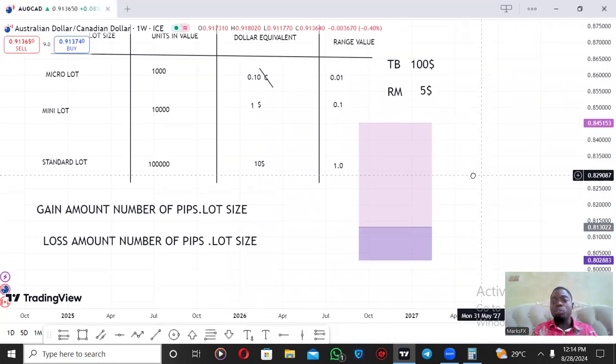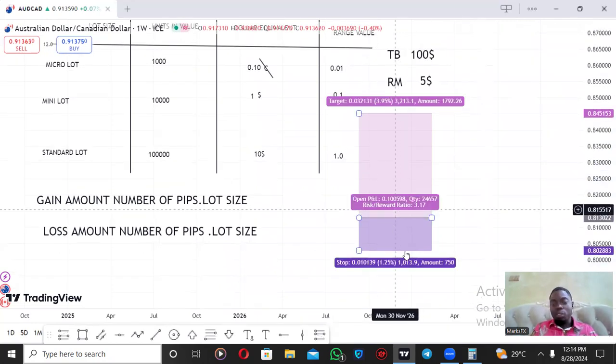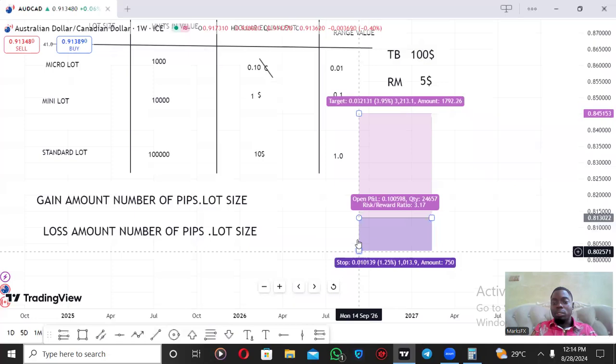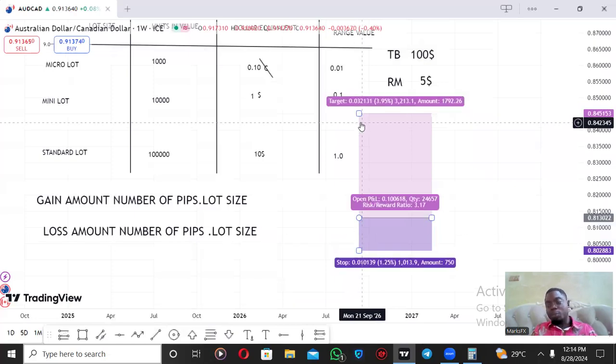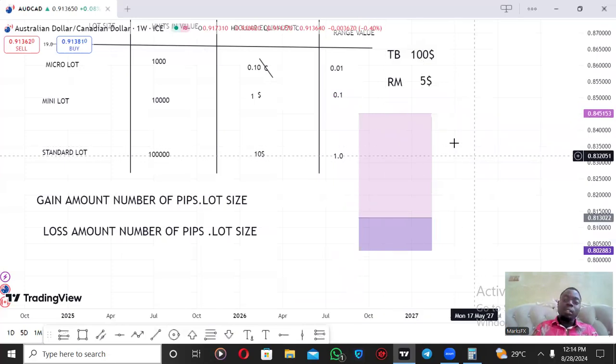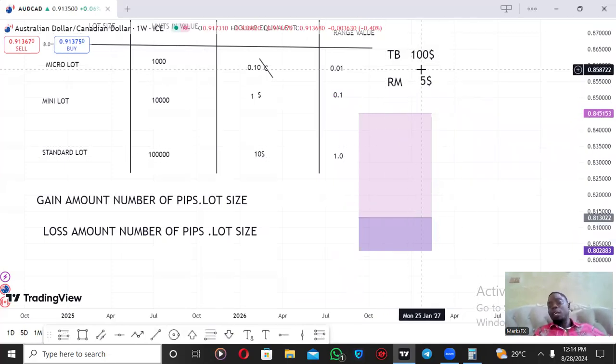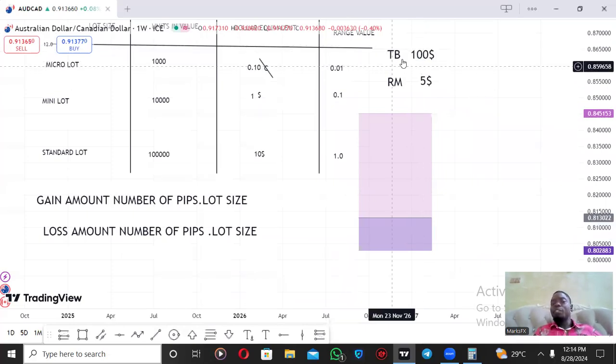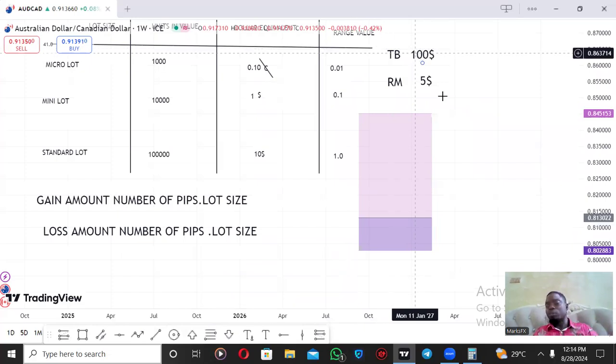Now let's assume that you want to trade. You want to risk 10 pips as your stop loss and then get 32 pips TP, knowing fully well that if price goes against you, you are going to lose $5. And then if the price goes in your favor, you are going to get maybe 2 times, depending on your risk to reward ratio.